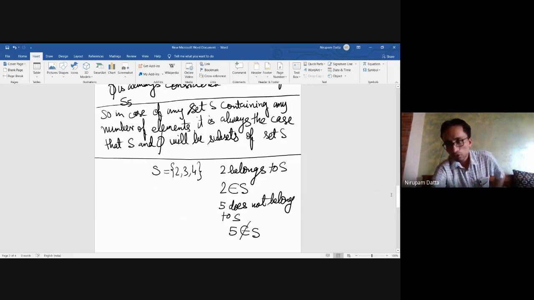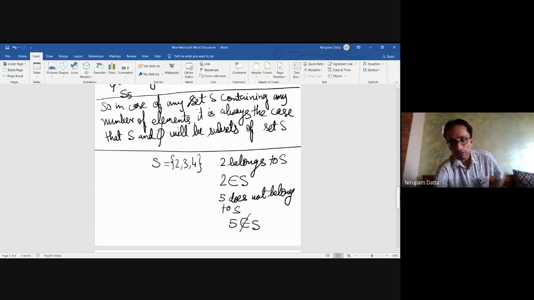So we have already discussed two types of relationships between two sets. That is, the two sets can be equal, or a set can be a proper subset of the other given set.